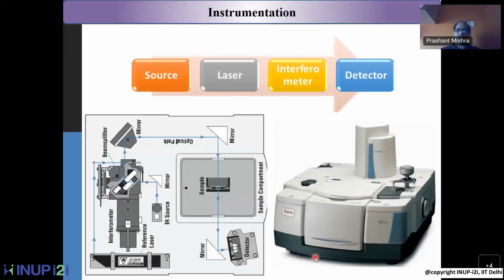And this is a sample compartment. We will talk about how the sample compartment can be changed. You can have different types of samples. So this gives you a basic design of the FTIR, where you have a source, you have a laser, you have an interferometer, and finally you have a detector.